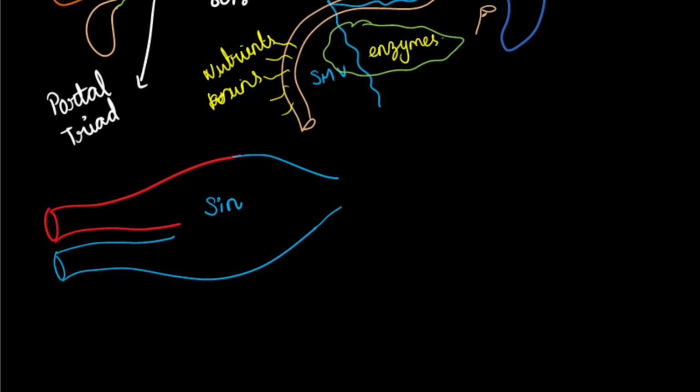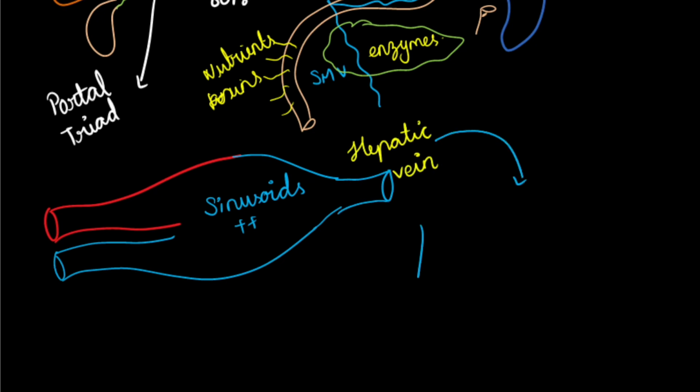The hepatic artery carries more oxygenated blood, and the portal vein has enzymes, debris, nutrients, toxins and everything. All these get mixed up in the sinusoids, and these sinusoids drain into the hepatic vein. Finally, these hepatic veins drain into the inferior vena cava.